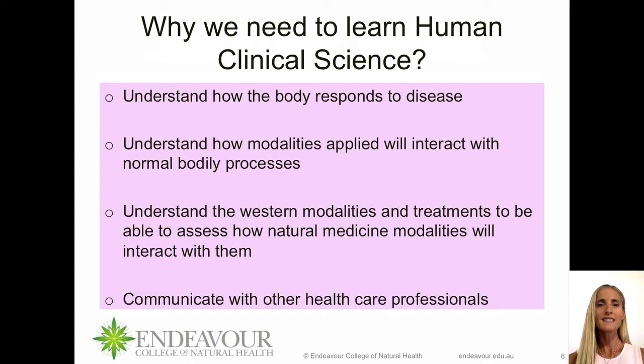Understanding how these modalities applied will interact with normal bodily processes is really important. We need to look at Western modalities as well as complementary modalities, because all treatments, whether they're medical or natural, will interact with normal bodily processes. At any one time, patients may be, and are most likely, consulting more than one practitioner. There's been a lot of research about what's known as polypharmacy.